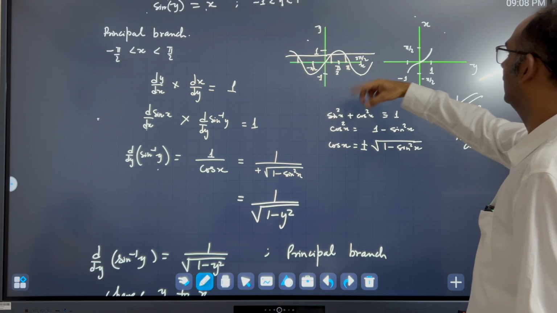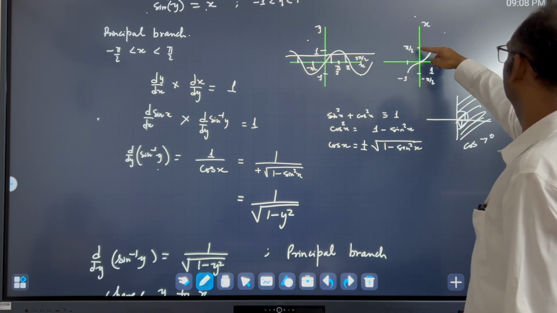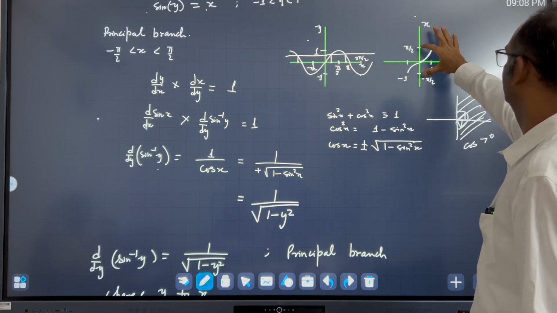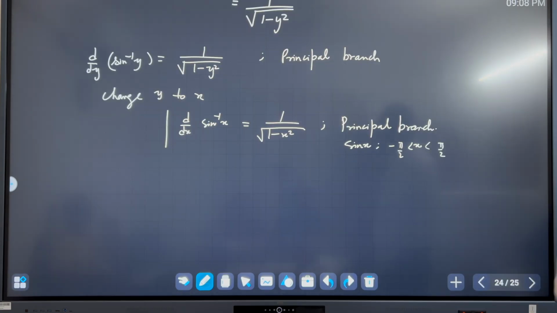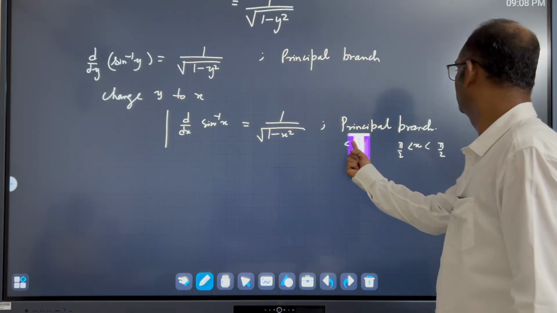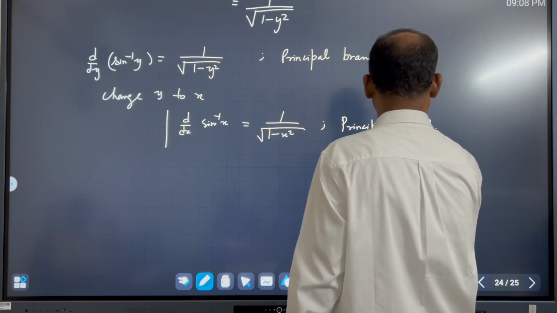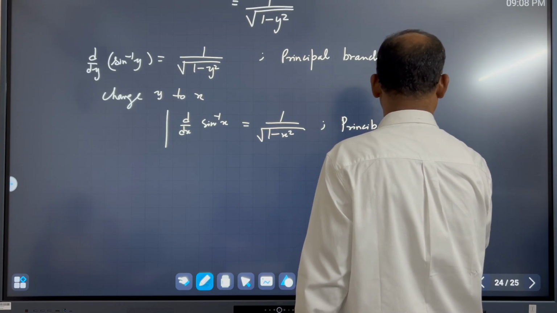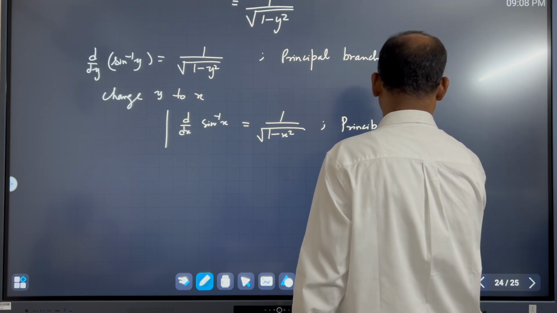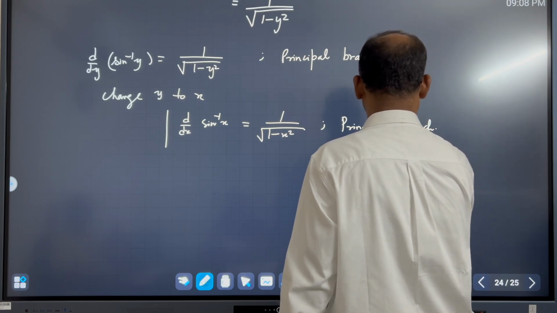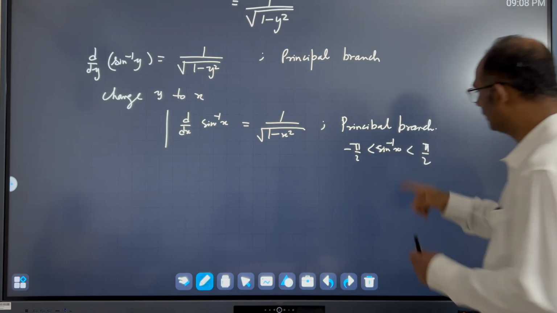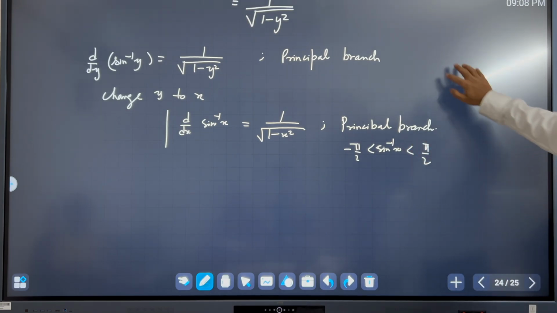Okay, or equivalently, when I'm looking at the inverse function, the values are restricted between this. Okay? So I should say here, agreed?